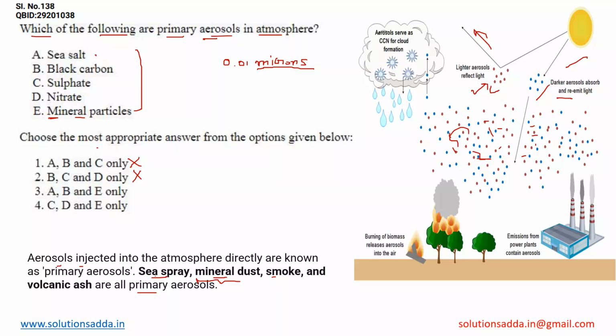Next, there is some sea spray. Sea salt and sea spray are the same thing. The option which contains A would be the correct option. Option 3 has A, B and E. B here is black carbon. Options A, B, E are right, which are contained by the third option. So the correct option for this question will be the third.